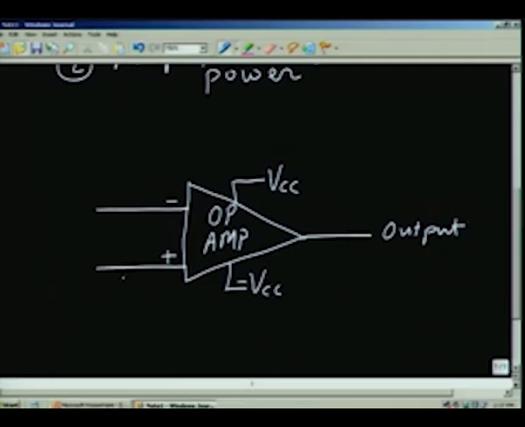So, we have two input terminals, and suppose I show it in terms of a resistance between these two terminals. This is extremely high, extremely large.